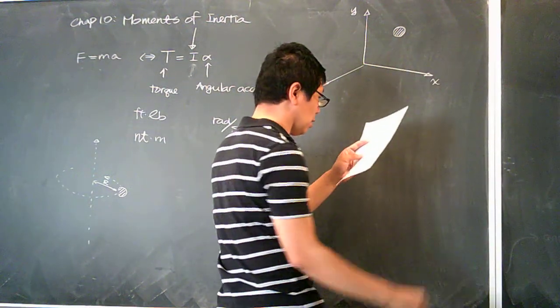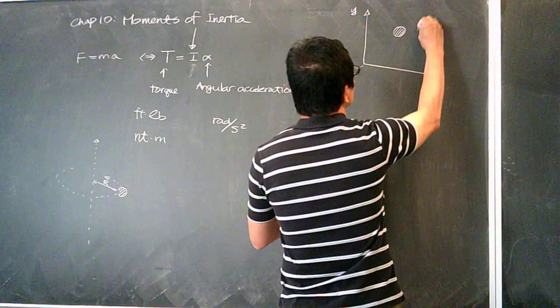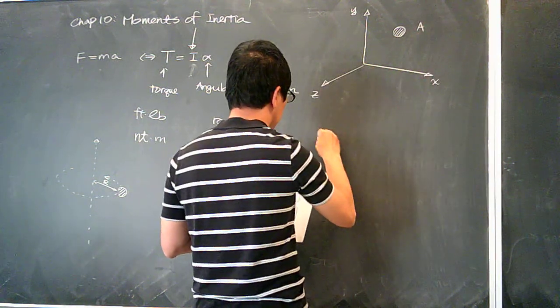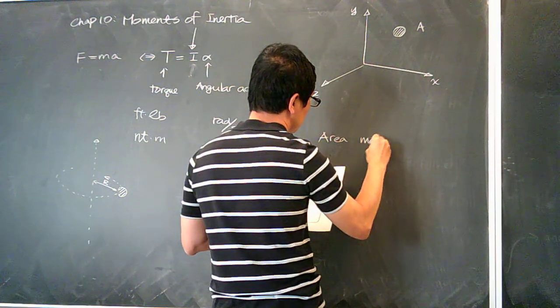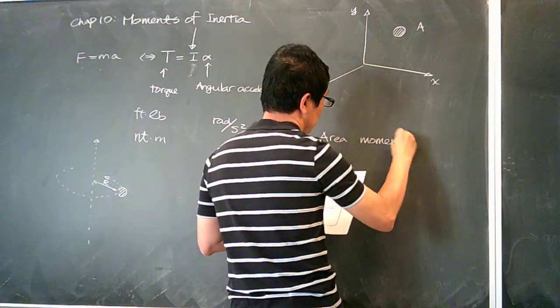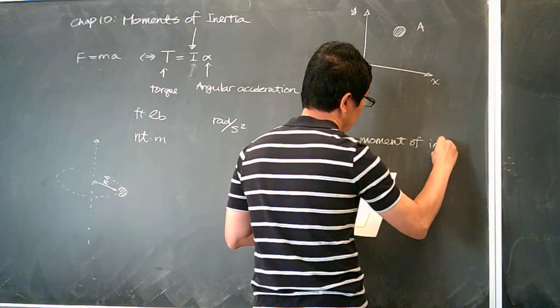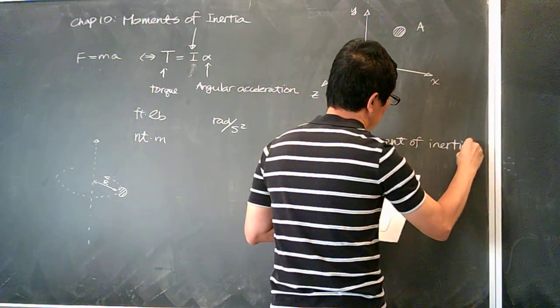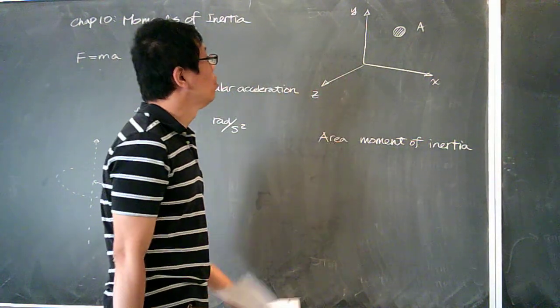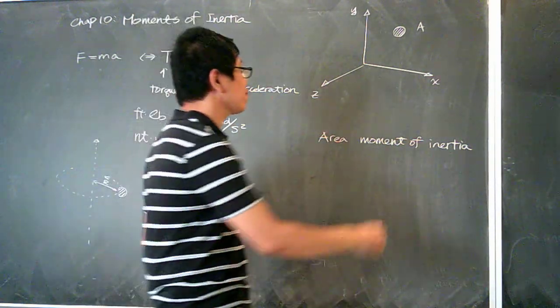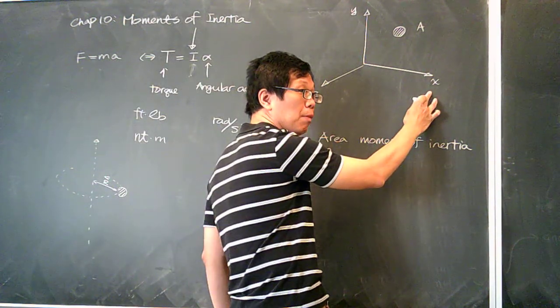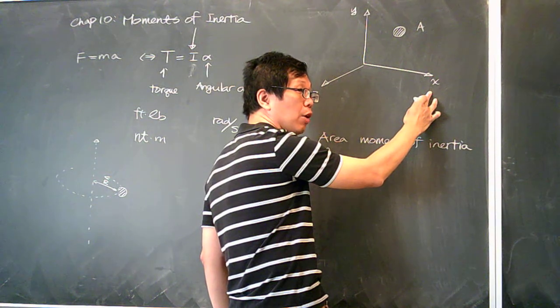Let's say this is area. We're talking about area moment of inertia. Okay. So when I say this one is around the x-axis, I'm talking about the moment of inertia around the x-axis.